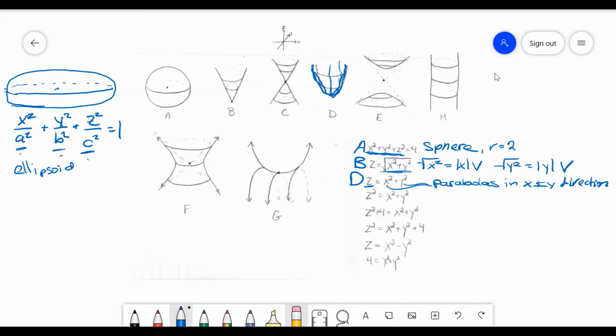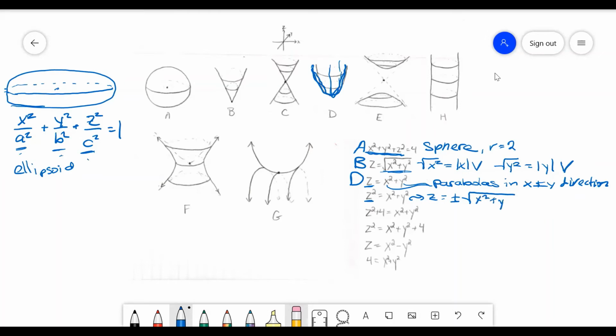Now our next one looks really similar, except now we have a z squared here. But again, this can't wind up being a sphere because the z squared is on the opposite side of the equal sign from where it was in the equation for the sphere. So one way that we can deal with this is to rearrange and take the square root of both sides, making sure to note that when we're solving that we always use plus or minus on the square root.